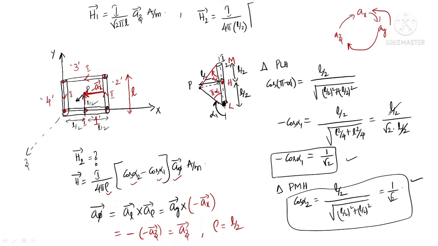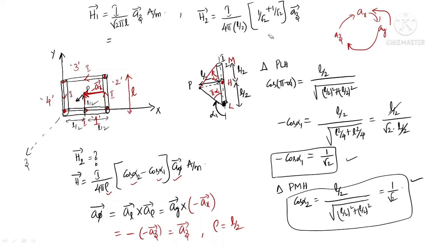What is cos alpha 2? Cos alpha 2 is 1 by root 2, minus cos alpha 1 is also 1 by root 2, so it is plus 1 by root 2. And what is the direction? AZ bar. If you evaluate this, you will get the same answer as we got in the first conductor.